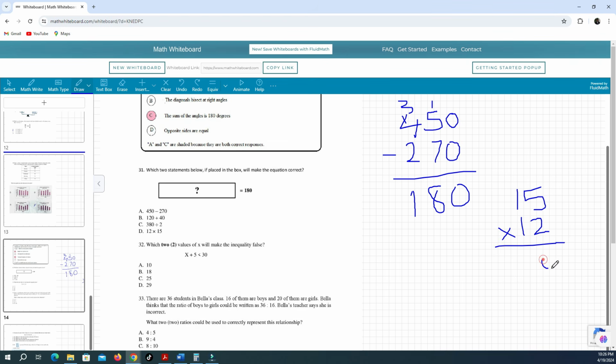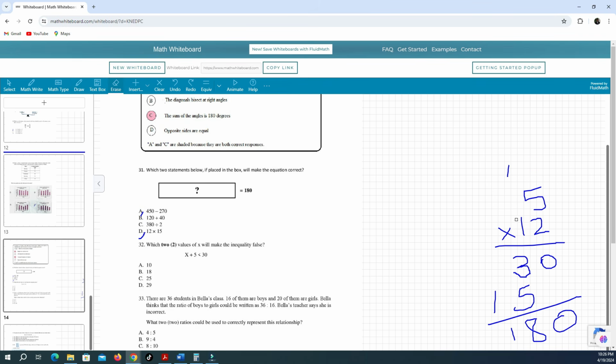So 2 5s 10. 2 1s 2 and 1 3. So that's 30. And 1 5 5. And 1 1 1. So the looks of things is 180. So this is definitely, I would say, D and A. Right?